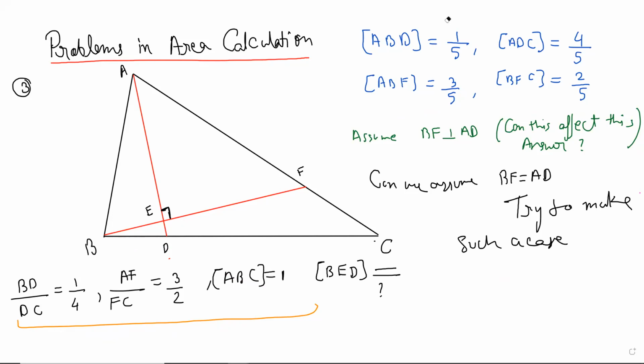If we assume that BF is equal to AD, okay, then AC and BC are also coming as equal. Why?